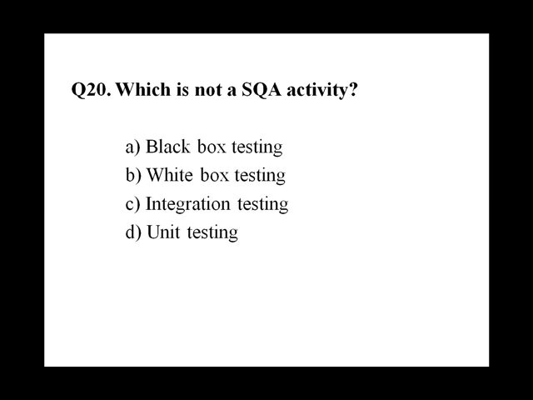The options are black box testing, white box testing, integration testing, unit testing. SQA is an acronym for Software Quality Assurance. Black box testing, white box testing, integration testing are the activities of SQA. So the correct option is unit testing. Unit testing is not a SQA activity. So the correct option is the last one, unit testing.